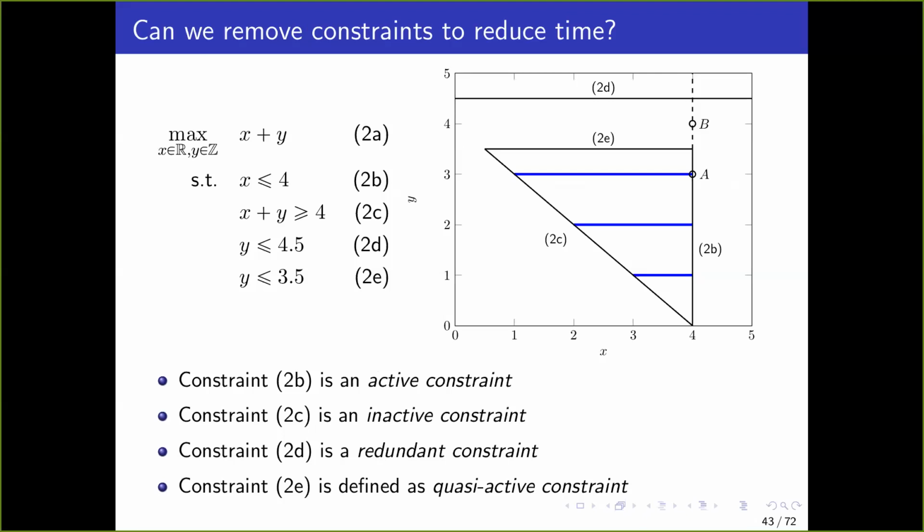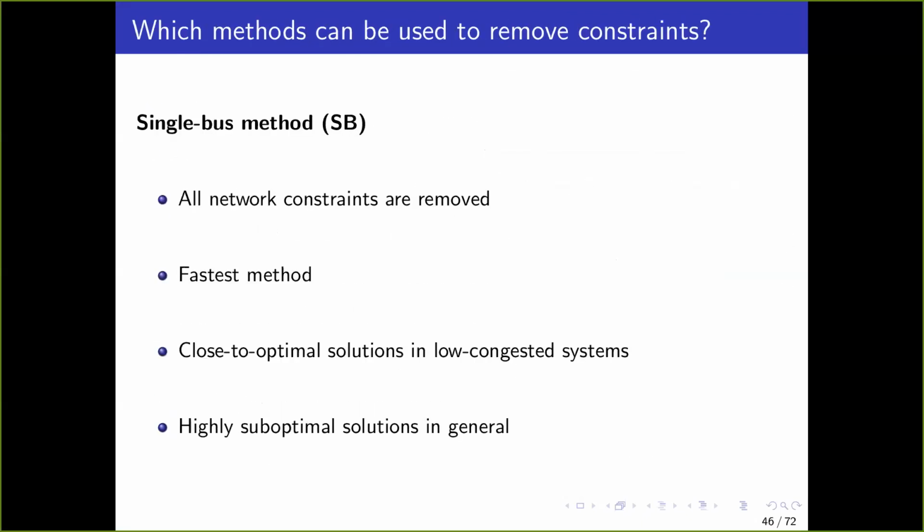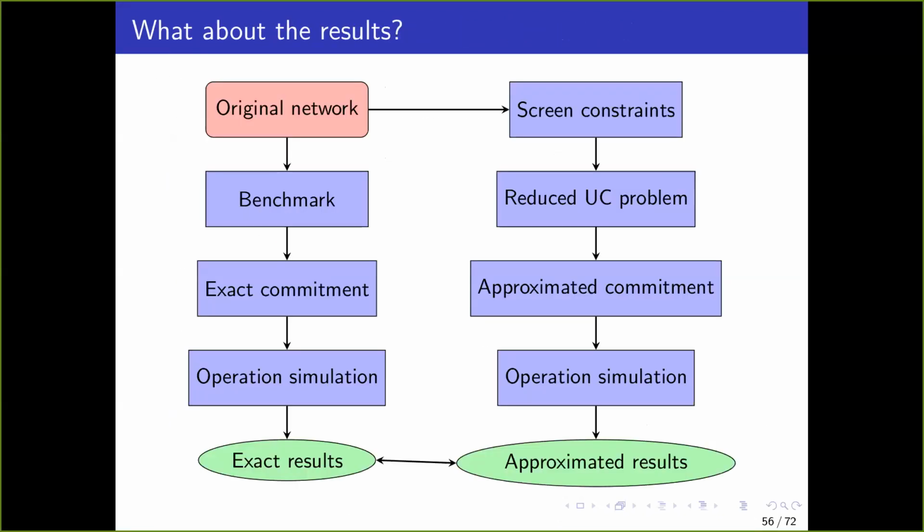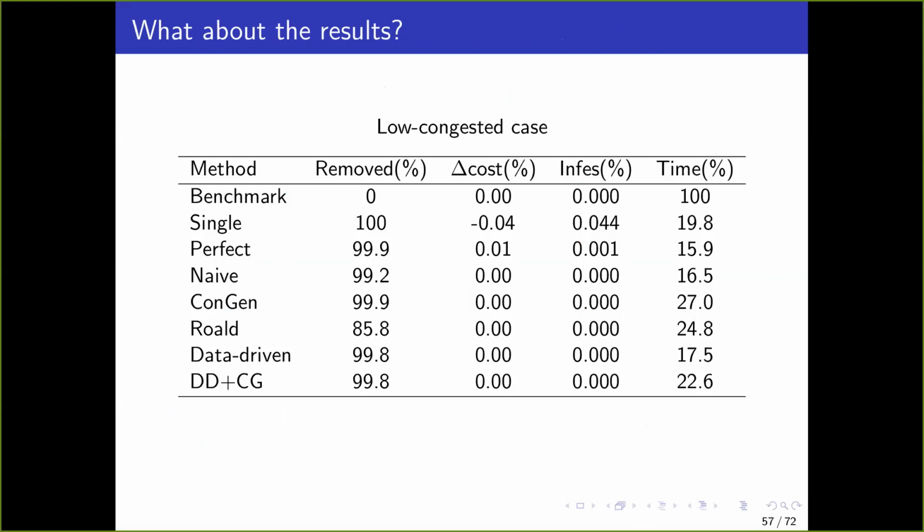So if I understood correctly, the time you reported includes the process time of the algorithm that you included, plus the optimization of the actual problem, right? Yes. So it's a single time step.